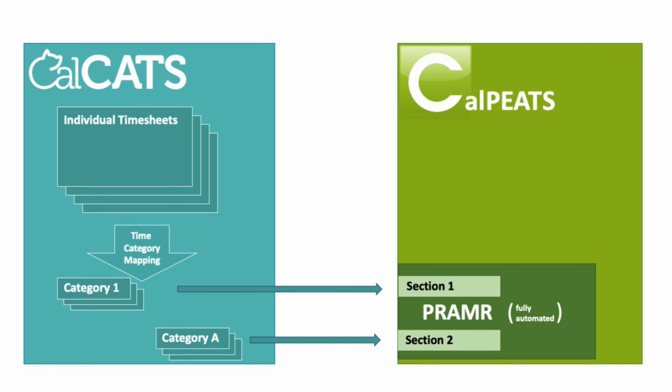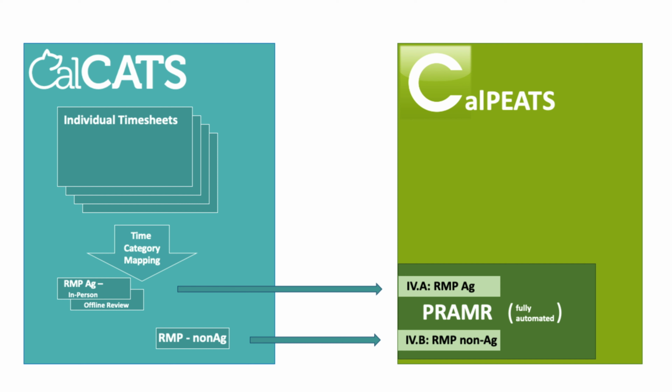You can have multiple CalCATS timesheet categories belonging to one single PRAMR section. The combined time of all the configured timesheet categories for all the county staff will be populated into the PRAMR section for that month.